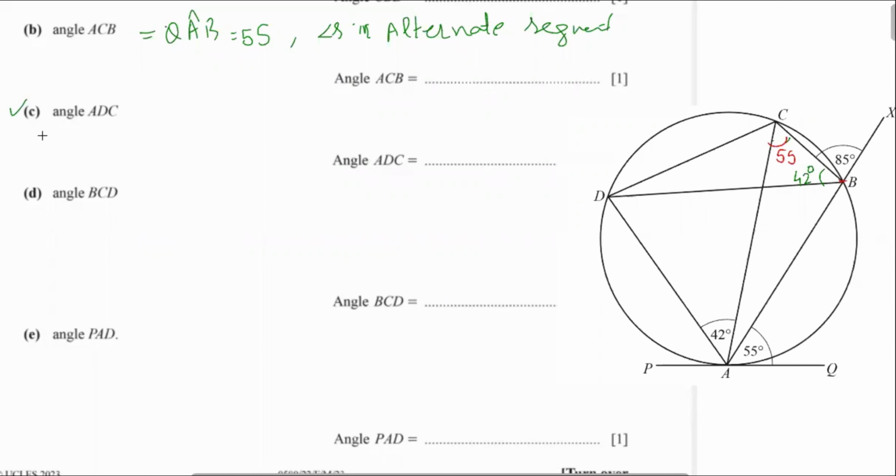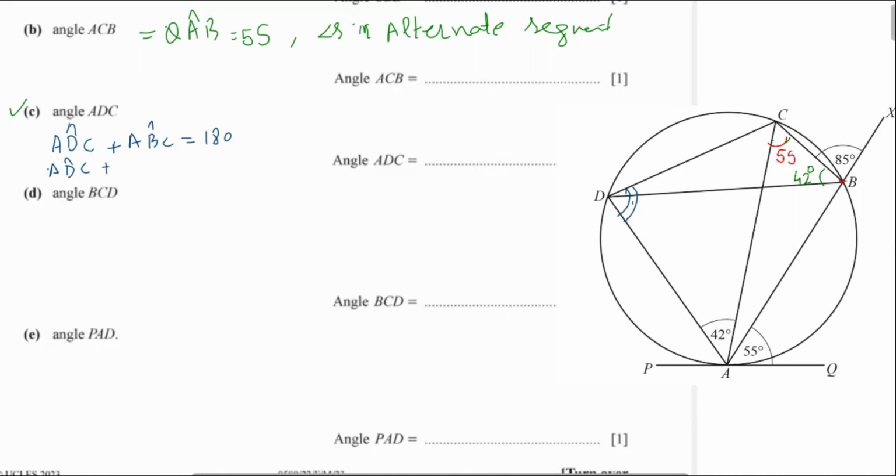Now we have to find angle ADC. This is the angle we have to find. Now you see here the angle ADC plus angle ABC. These are diagonally opposite angles in a cyclic quadrilateral, and the sum will be equal to 180. Now ADC angle, we write it as it is. Now you see here, that is ABC.